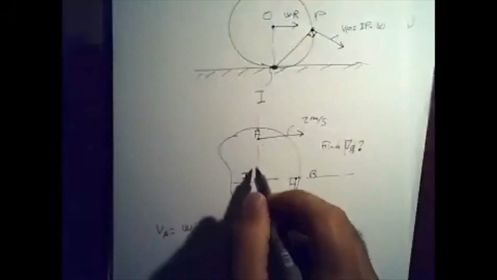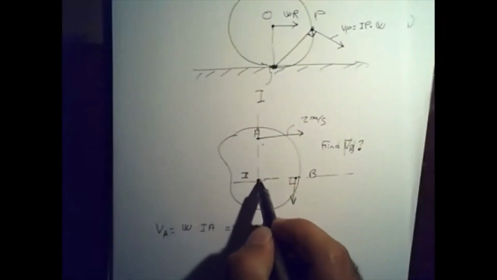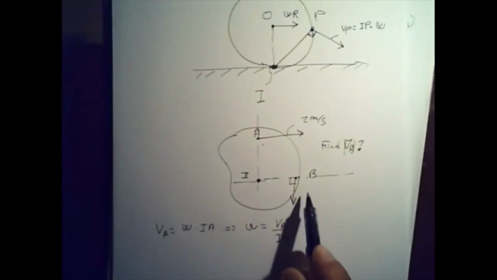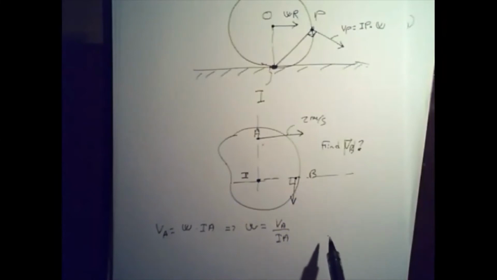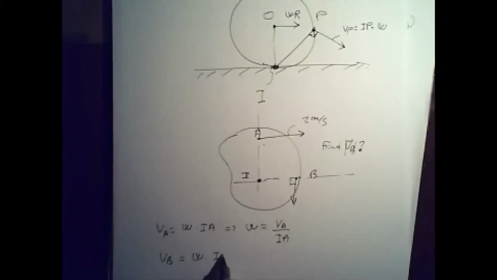So we need to know IA, the dimension between them. And then once I know IA, how do I find the velocity at B? We reapply the formula on point B. Exactly, omega multiplied by IB. Obviously, you need to know IA and IB here. Is that all clear? Yes. Okay.